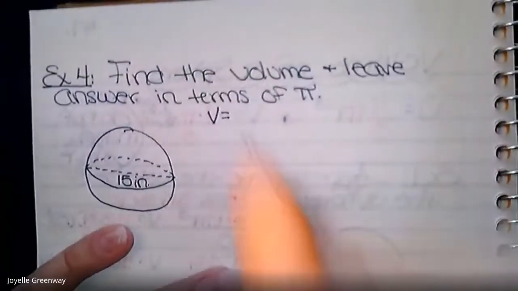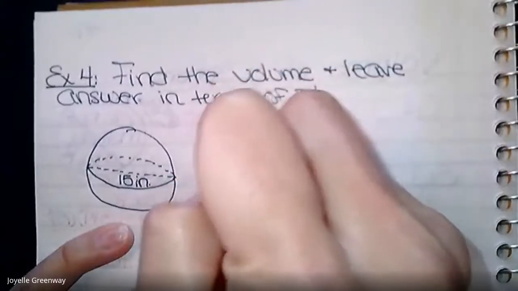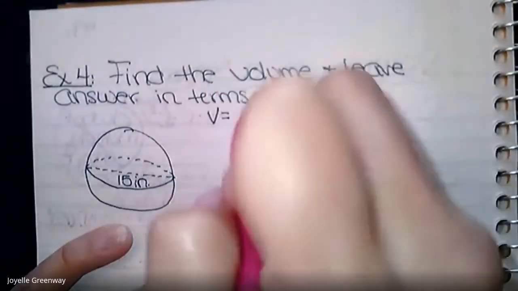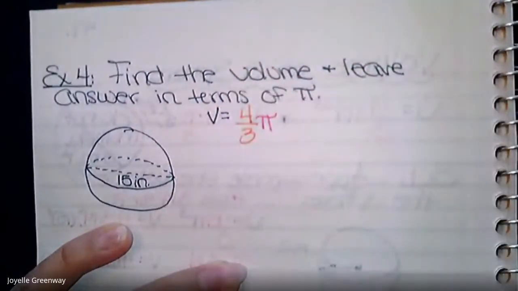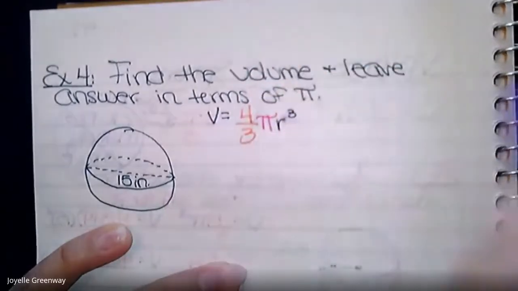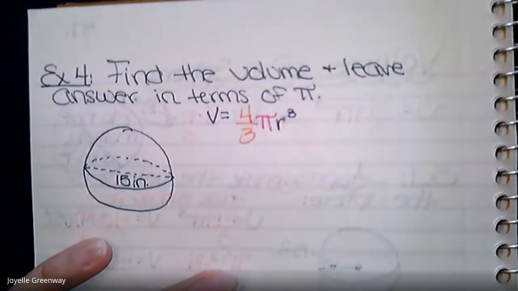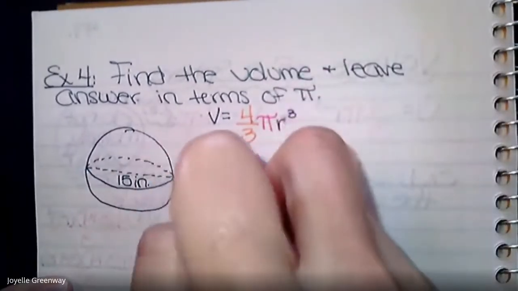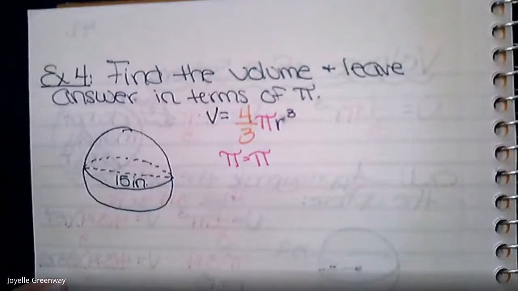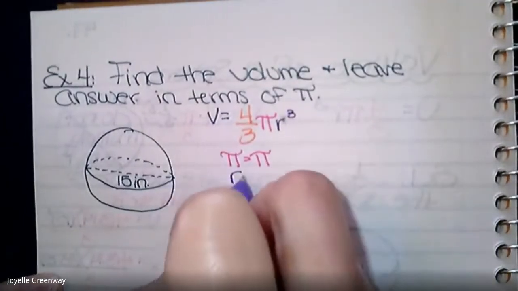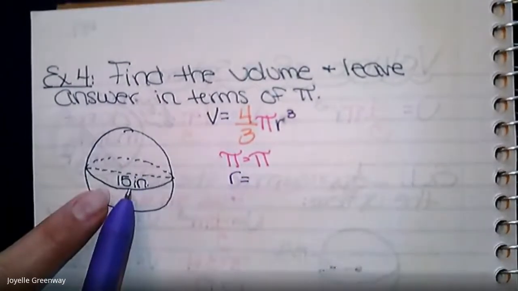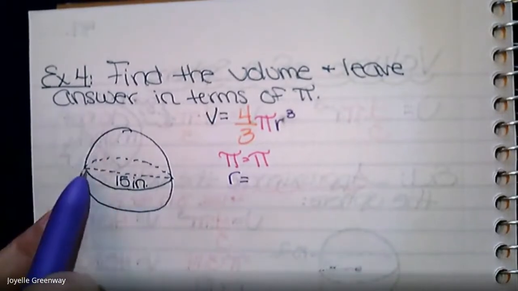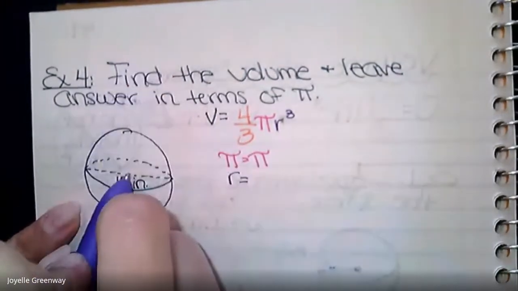Okay, so let's remember the formula. Volume is equal to 4/3 times pi times your radius cubed. So we want to leave our answer in terms of pi. So remember, that means pi is equal to pi. And now we need our radius. The radius here is not 15, right? Because that shows you the diameter.